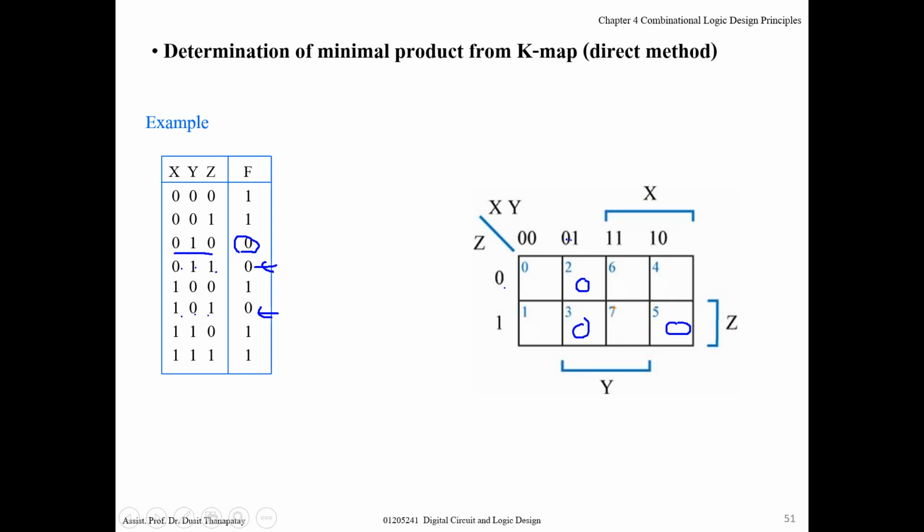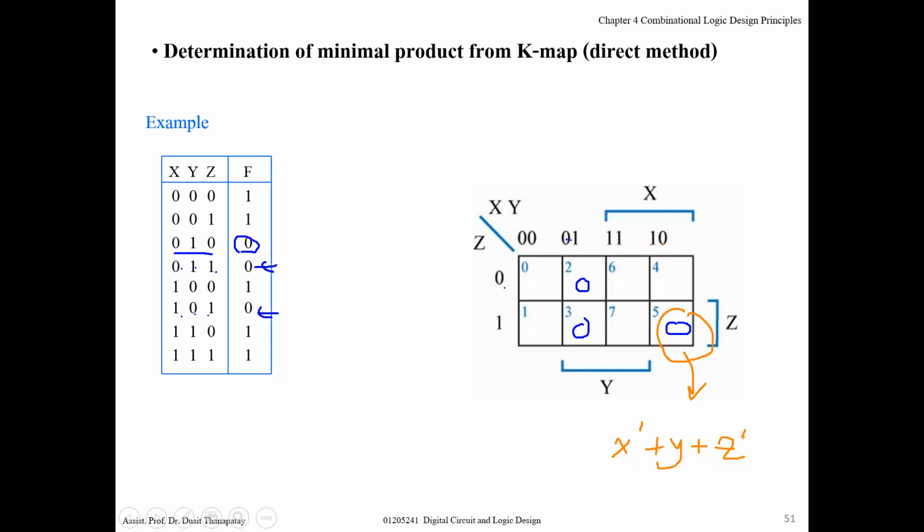Look, if I select this one, could you tell me the product term? It will be 0 when x, y, z is 1, 0, 1. So x prime or y or z prime.